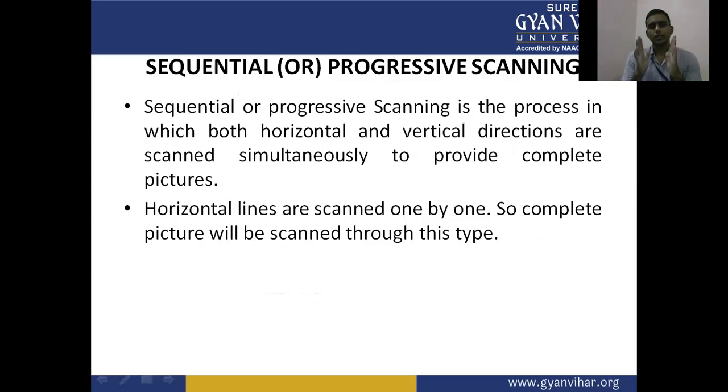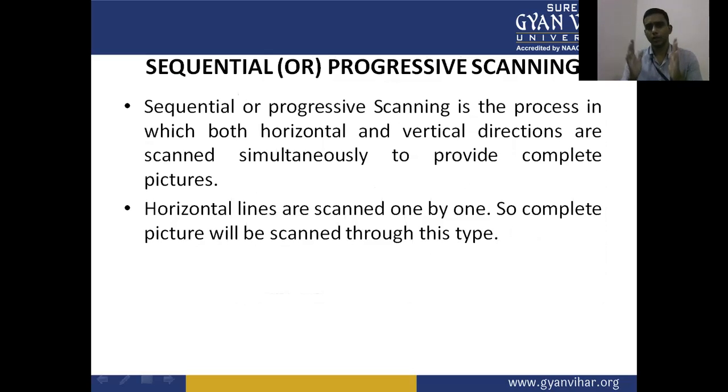Next, we have progressive scanning, or sequential scanning. This is the third type of scanning process. Previously, we have already discussed H scanning and V scanning.